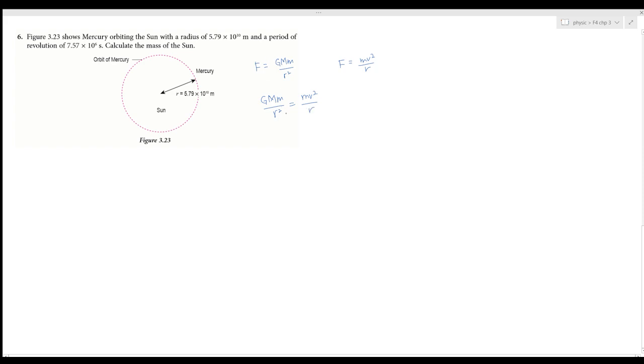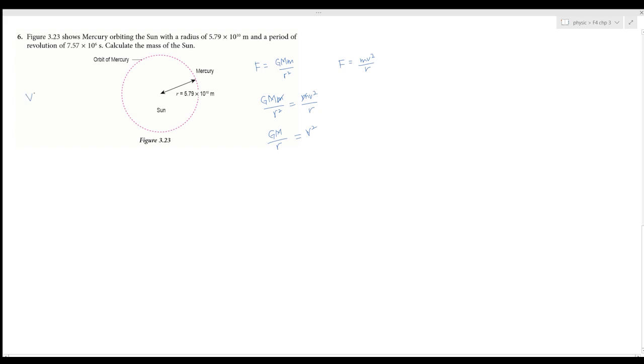Okay, we simplify our equation first. Cancel out the m. This is the mass of Mercury. So bring over the r here. Simplify. V squared. What actually is V?